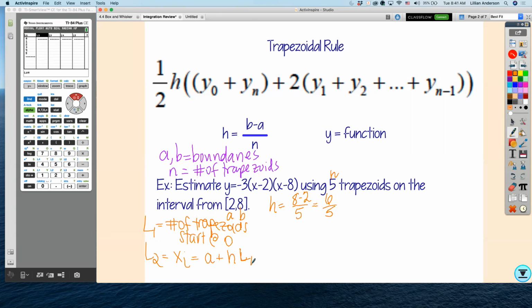That's what went in L2. So A is 2 plus H, which we found to be 6 over 5. And then we're going to multiply that to our I's, which are sitting in L1. And then by doing this, the calculator does the work for us and comes up with essentially the different locations for where these trapezoids are going to be underneath this respective curve from 2 to 8.